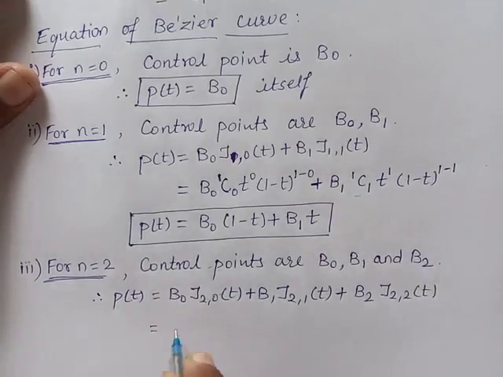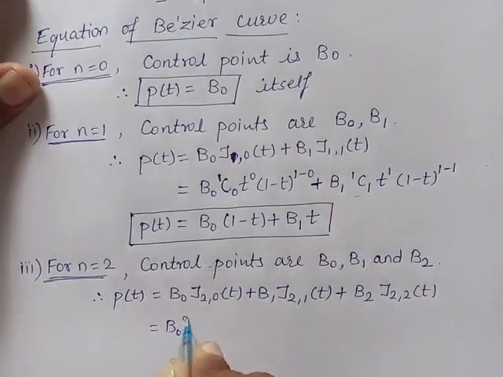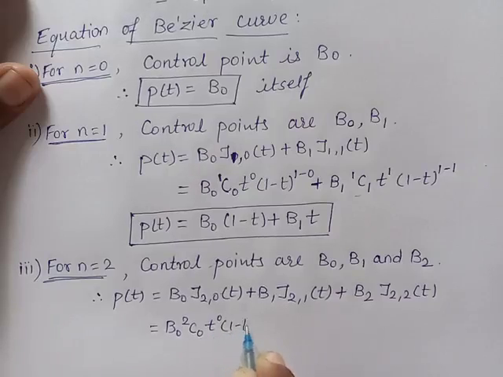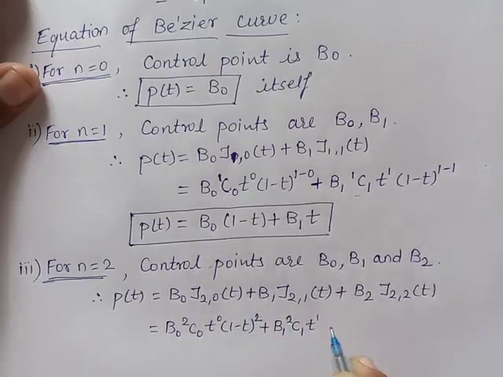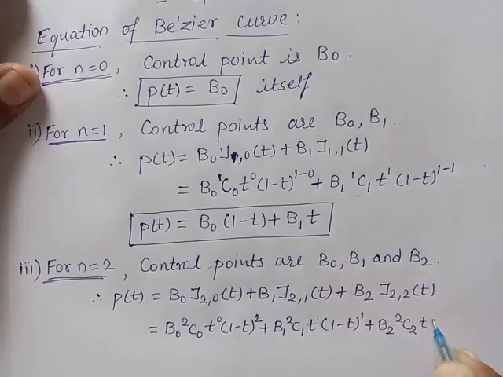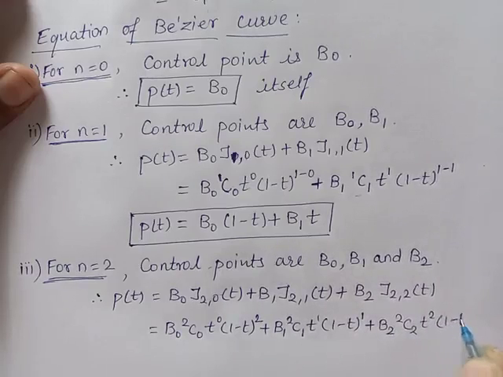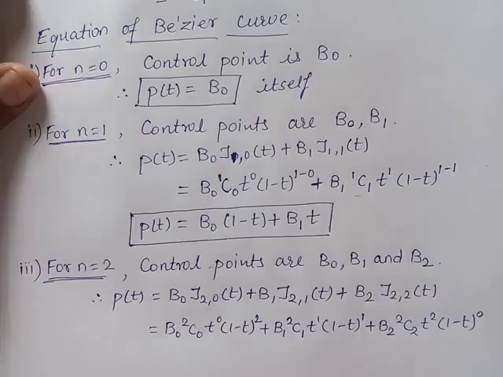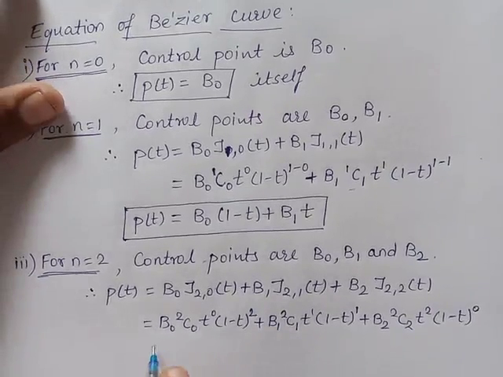That is equivalent to b0 2c0 t raised to 0 (1 minus t) square plus b1 2c1 t raised to 1 (1 minus t) raised to 1 plus b2 2c2 t square (1 minus t) raised to 2 minus 2, so that will become 0.